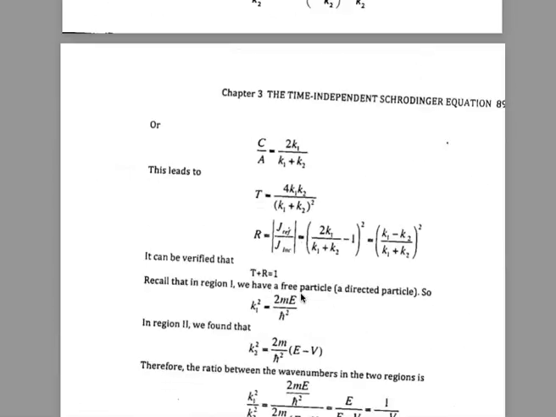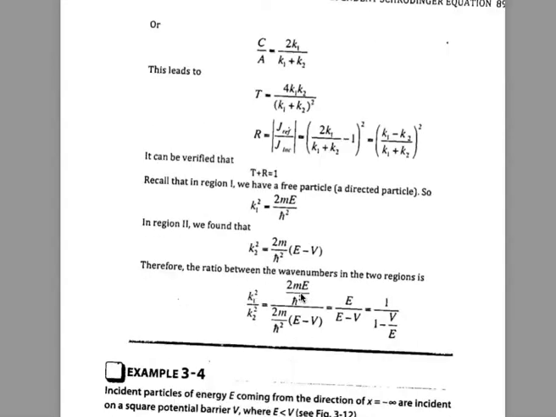This is written out so that you can go through all of the steps. I'm going to give you the answer here. The transmission coefficient becomes equal to this expression here, 4k1k2 over the quantity magnitude k1 plus k2 squared. And the reflection coefficient is this. You should be able to add these two together and you always get 100%, okay?